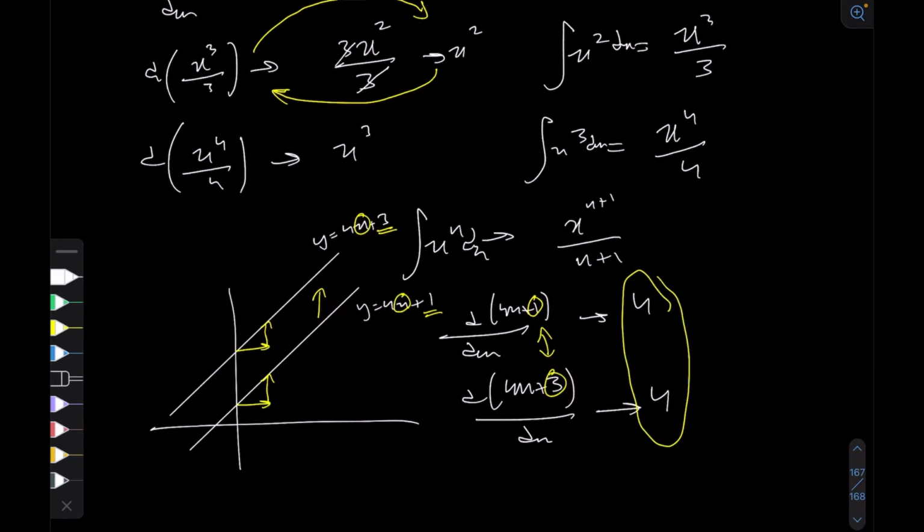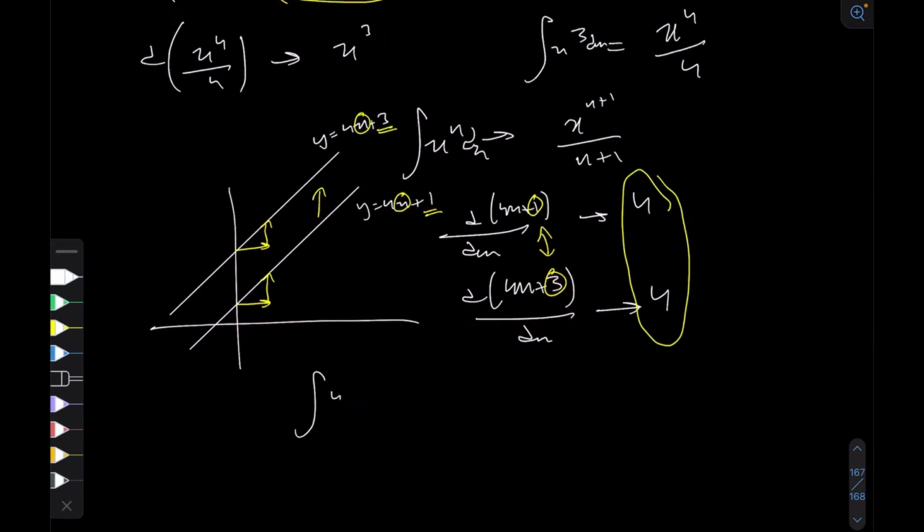Right, so now let's try to integrate 4 dx. We know that it's 4 times x to the power 0, so let's add 1 to the power and divide by that power. This would give us 4x. Now notice how it's giving us 4x, but this is neither 4x plus 1 nor 4x plus 3, but when we differentiate this, it also gives us 4.